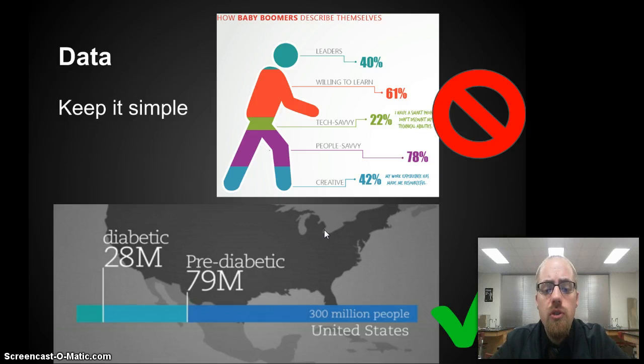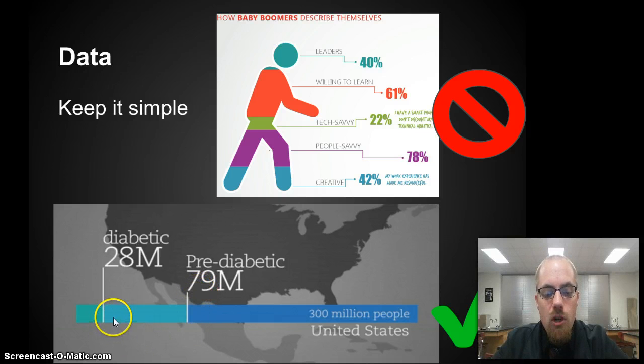I've included here two examples of good graphs and bad graphs, and the big thing about graphs and data visualization in general is that you want to keep it really simple and make sure that your stuff makes sense. In the good example down here, it's a ratio of how many of the United States' 300 million people have diabetes. It says that 28 million people are diabetic and 79 million people are pre-diabetic.